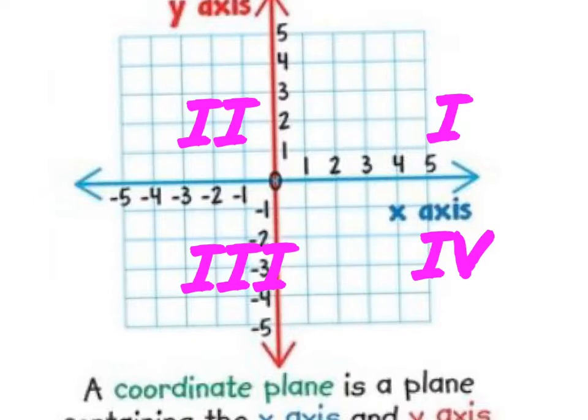It's really important that you know the names of the quadrants. We use Roman numerals to name the quadrants. And it kind of helps if you think of the letter C. If you were going to draw the letter C, you would probably start with the top corner. So it's 1, 2, 3, and 4.